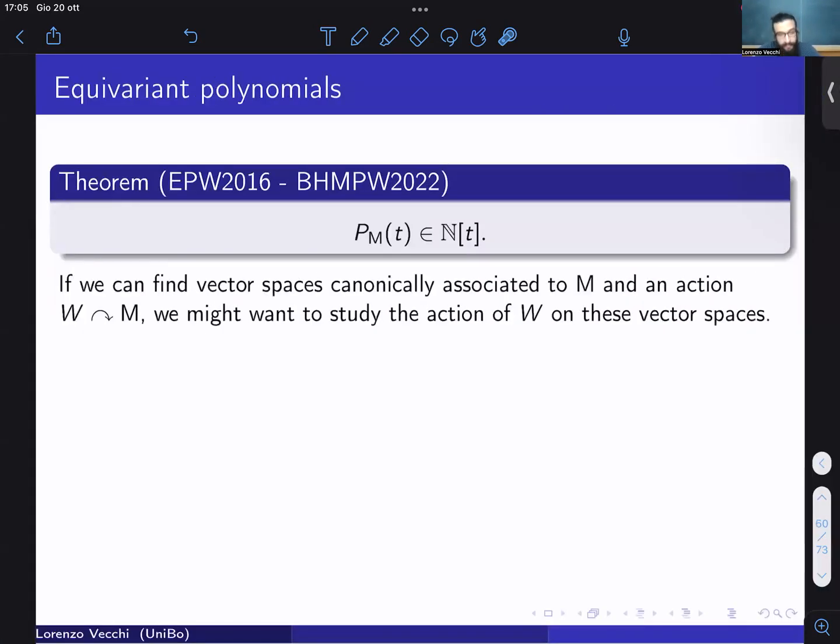So what happens? I want to find some vector spaces that are in some way canonically associated to our object, in this case a matroid, such that the dimensions of these vector spaces are these coefficients. And then whenever I have an action of some group of symmetries on these objects, I want to study what the action of this group of symmetries is on these vector spaces that I'm trying to define.